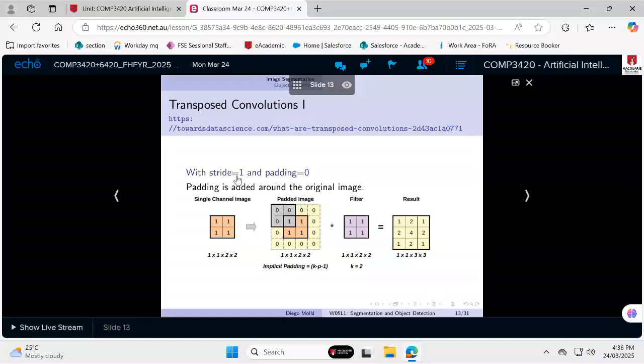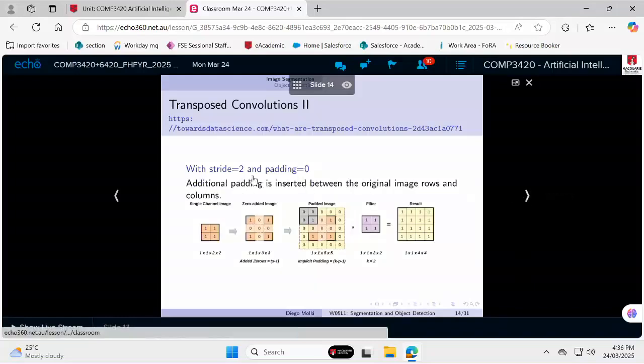Stride is 1, which means that z is 0, so there is no interleaving nodes. But then p bar is 2 minus p, which is 0, minus 1, so that is 1, so you have a wraparound of 1. Apply this filter, you would get this result here, which is 3 times 3, a bit larger.